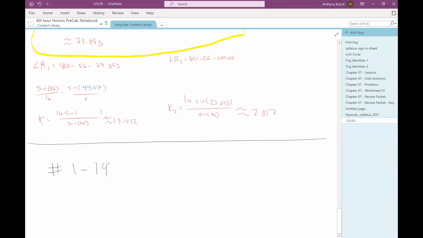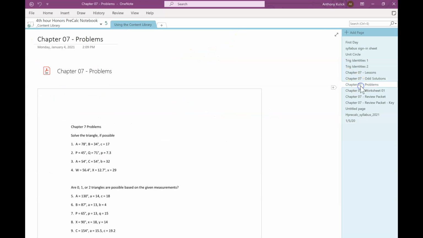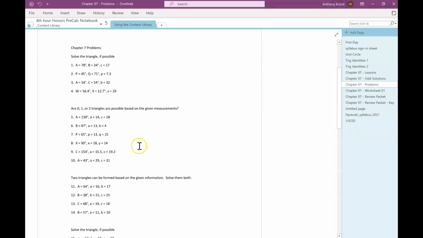So the first assignment here is going to be 1 through 14. So when I say 1 through 14, I'm talking about from the problem sheet in the content library. Problems 1 through 14. I want to point out to you on 5 through 10, you don't need to solve those triangles.